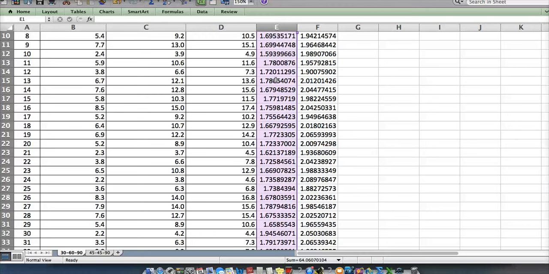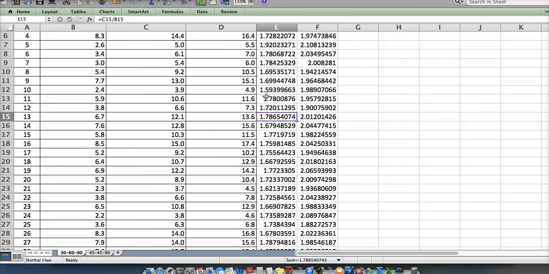But then there are a few numbers that are just kind of off a little bit more than the rest. So the ones that kind of stand out to me right now, definitely 1.92. So that would be something where I'd probably have the student go back and check their work to see why we got a number that was so divergent from the rest of the numbers.